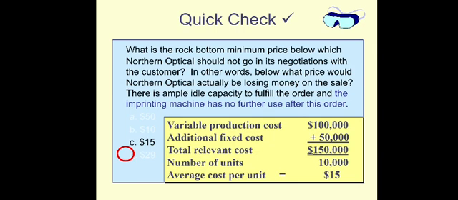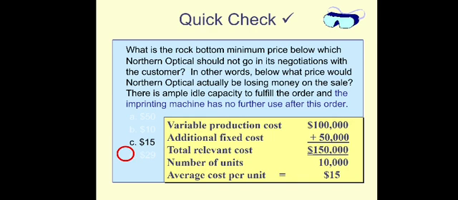Okay, see here. So the question is, below what price will Northern Optical be losing money on the sales? So let's see. If the company accepts the order, the variable production cost is $100,000, and then plus, remember I told you the fixed cost is unchanged because it is within the idle capacity.